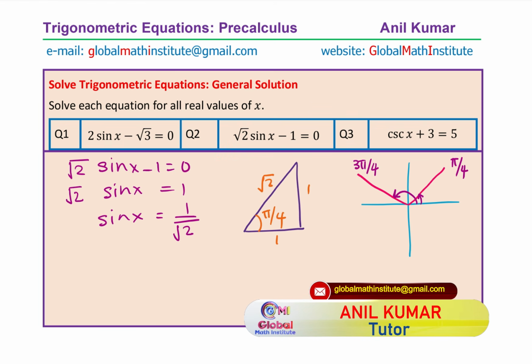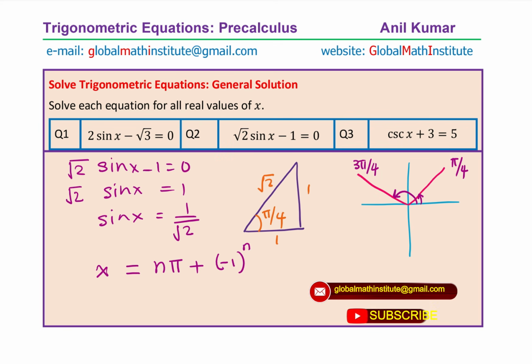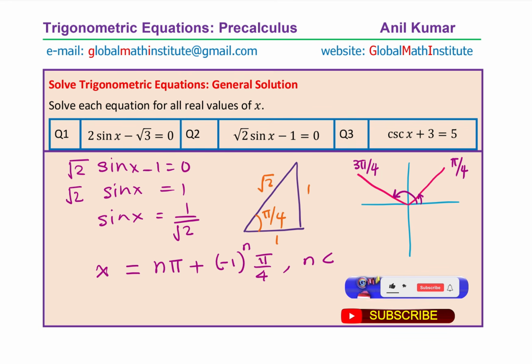Kind of like this, right? So how do you provide the general solution? Well, the general solution is x equal to n pi, right, plus minus 1 to the power of n times pi by 4, where n belongs to set of integers. Clear? So that is how you're going to do it.